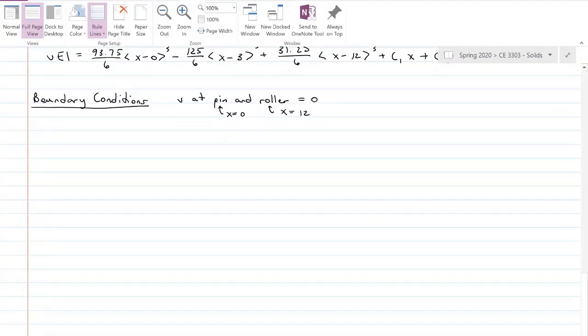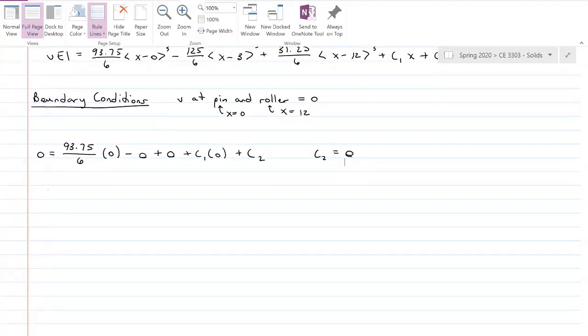We're going to have 0 is equal to 93.75 divided by 6 times 0 minus 0 plus 0 plus c1 times 0 plus c2. c2 is equal to 0.